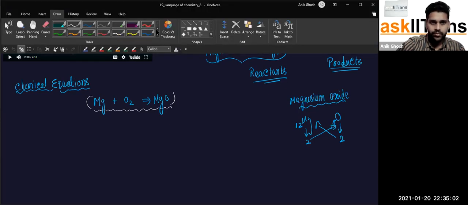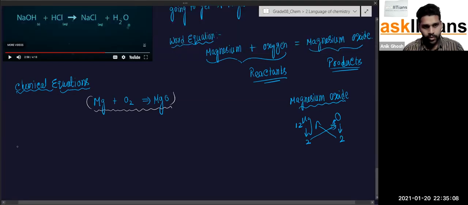So, let's see. Symbols to describe the states of a reactant or a product.